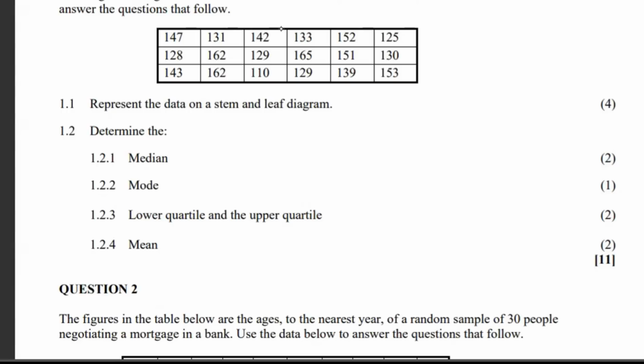For this univariate data, we need to know how to work with the basics of statistics, like determining the measures of central tendency, how to group the data, how to organize it, and so on. The first question asks us to represent the data in a stem and leaf, which is typical of grade 10.